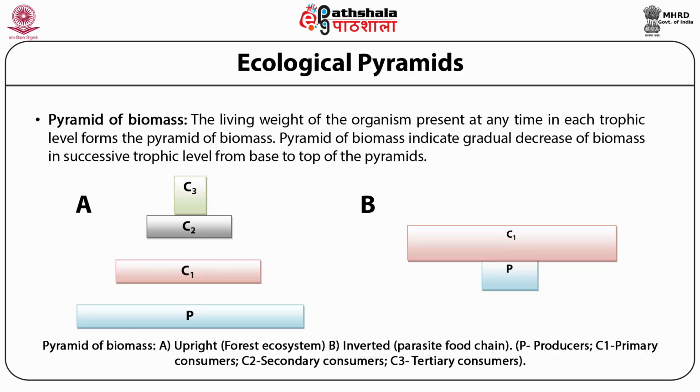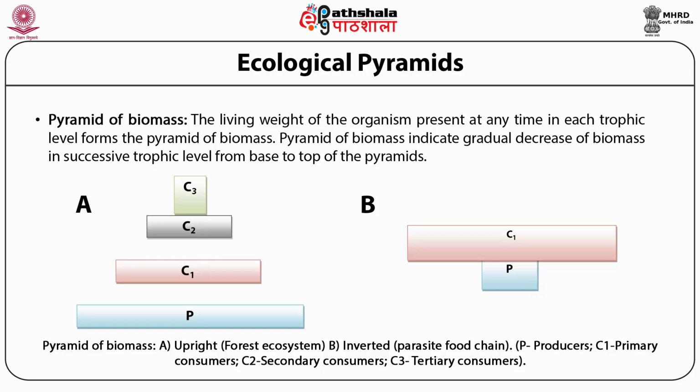The total biomass supported at each trophic level is restricted by the rate at which energy is being stored at the next lower level. In other words, the biomass of producers should be large to support the herbivores.